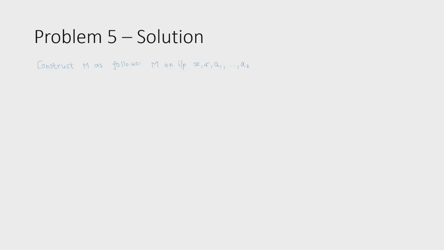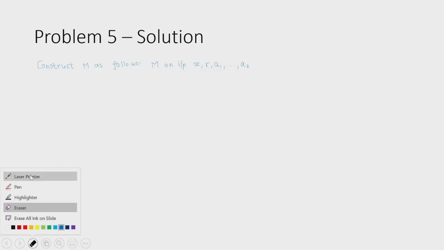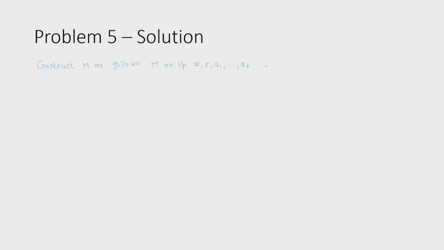Now we have this extra R. Let me first tell you what R is. M on input this simulates V with R as random bits.